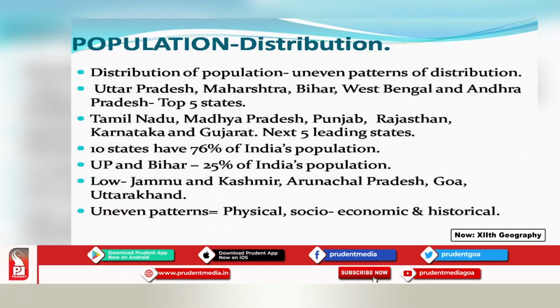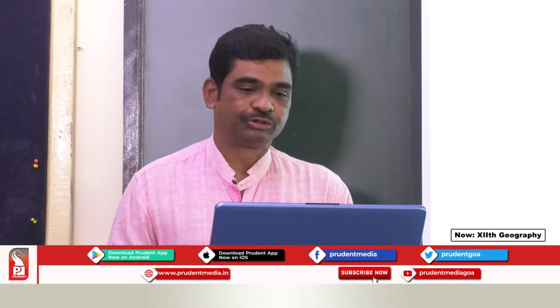States like Uttar Pradesh, Maharashtra, Bihar, West Bengal, and Andhra Pradesh are the top 5 leading states in distribution of population.